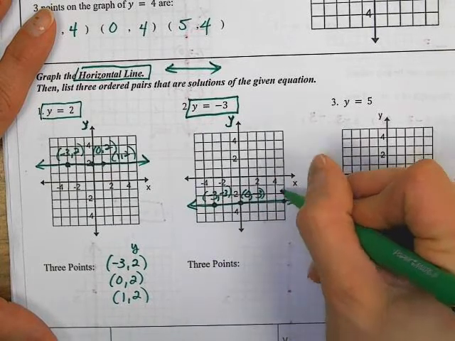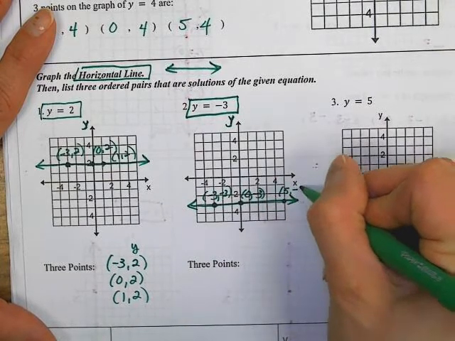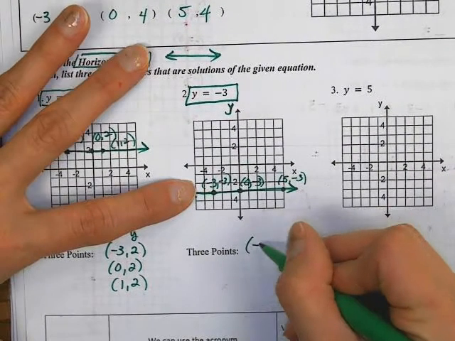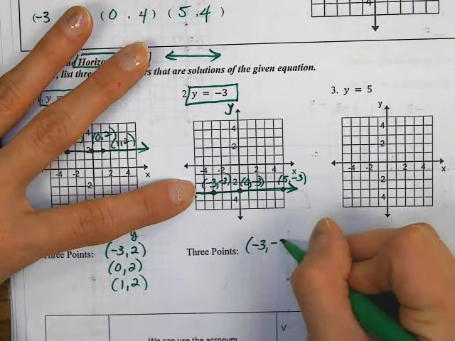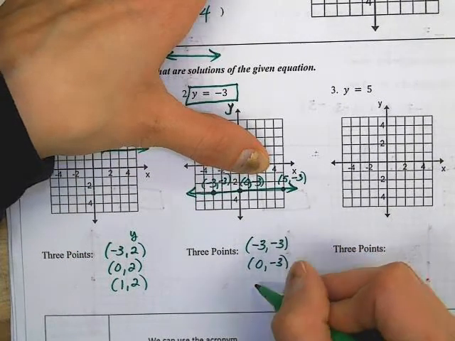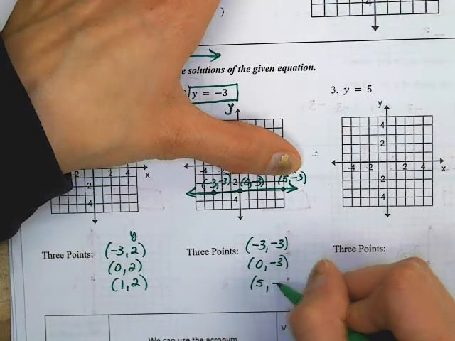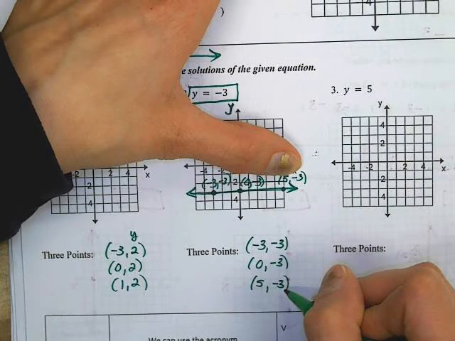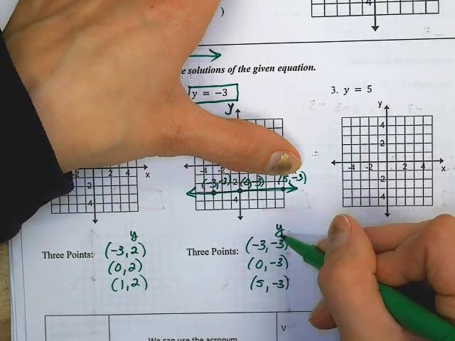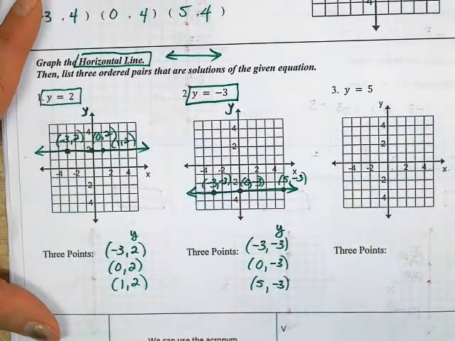This is the point 5, -3. So when I make my list of points: -3, -3; 0, -3; 5, -3. Okay, all of the y's have value -3.